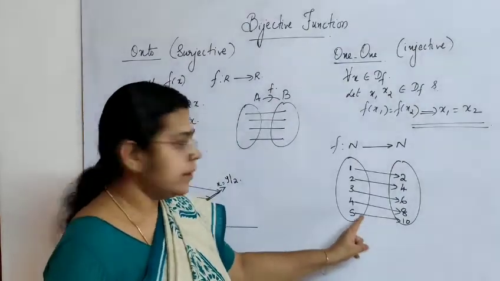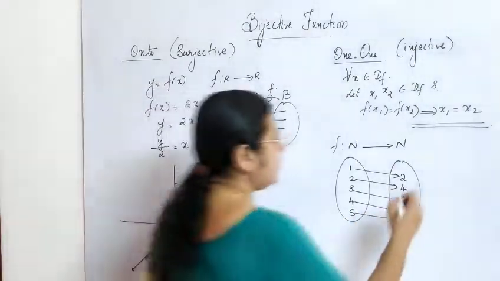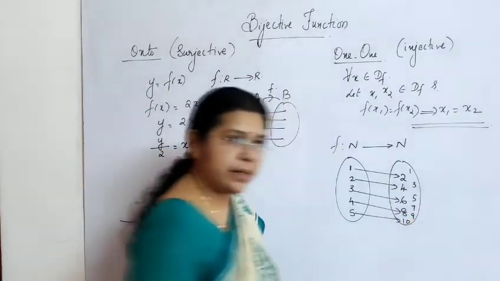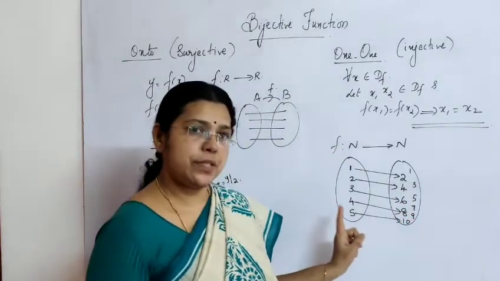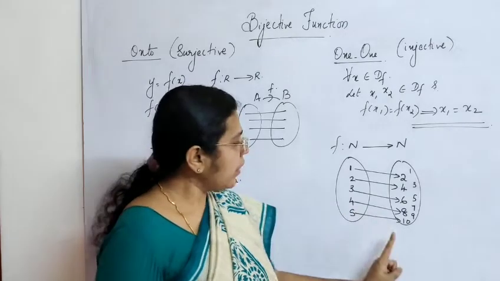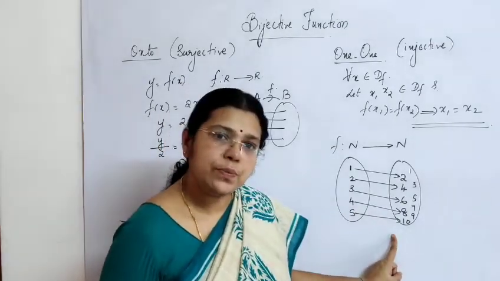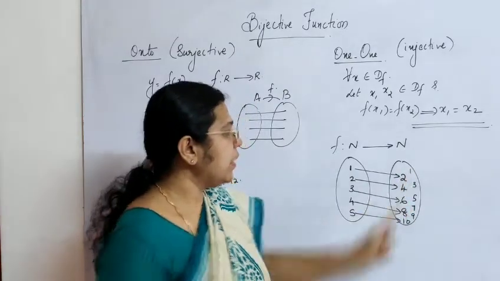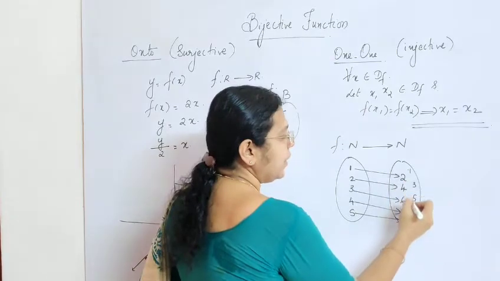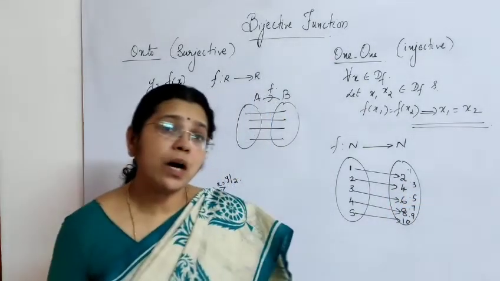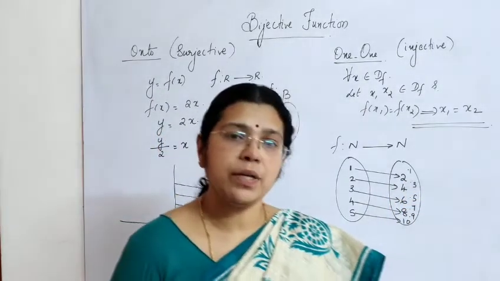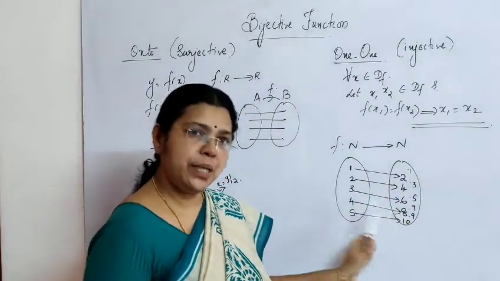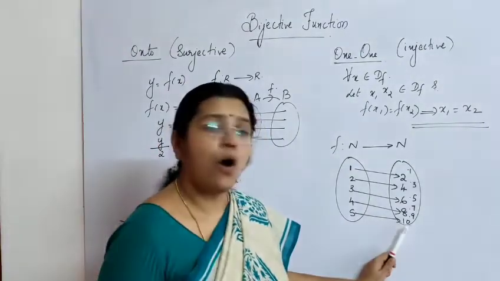But still you are having 1, 3, 5, 7 and 9 without pre-images. Can you say this function is onto? No, because there are elements left in this codomain without a pre-image. If there are elements without a pre-image, then this is not onto.